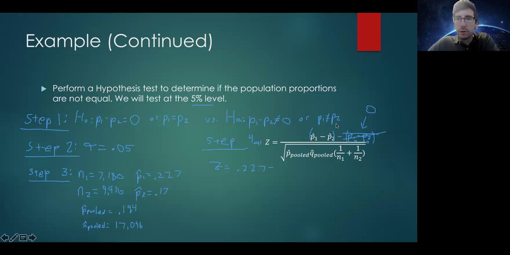So basically all we're left with is the difference between our samples. So we take that p hat 1, subtract p hat 2, and then we take p hat pooled, right?